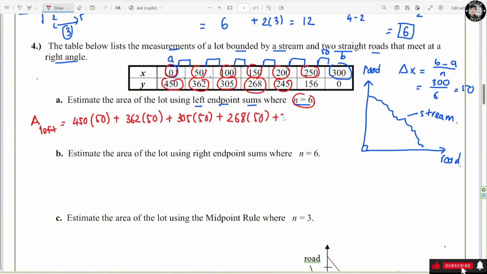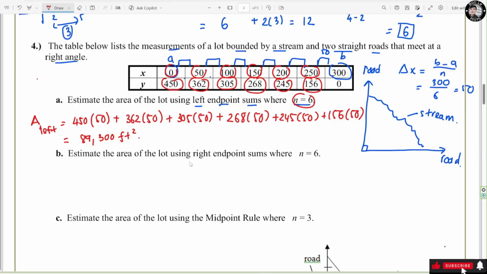Plus 245 times 50. And the last one, plus 156 times 50, right? If you use a calculator, the answer must be 89,300 square feet, right?